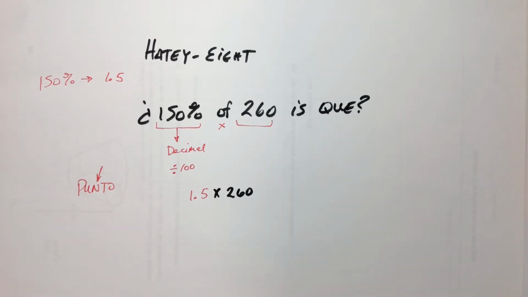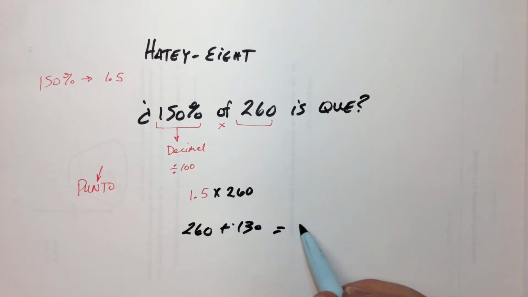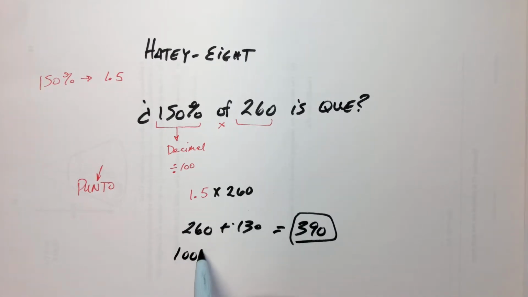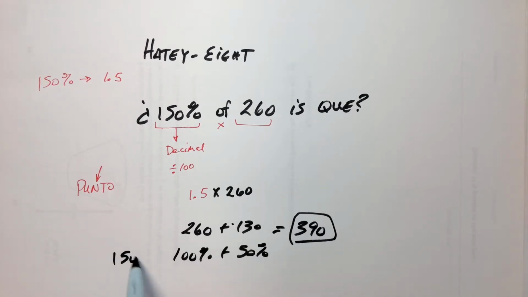Now, I would do this actually in my head first. Because this is 1.5, it's going to be 260 plus half of 260, which is 130. That's 390. Because it's 1.5, this is 100% plus 50%, and that's what 150% would be.